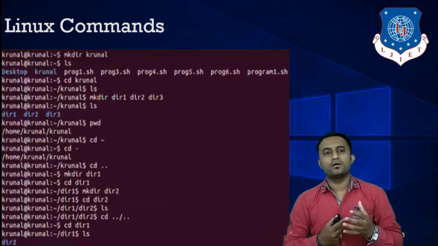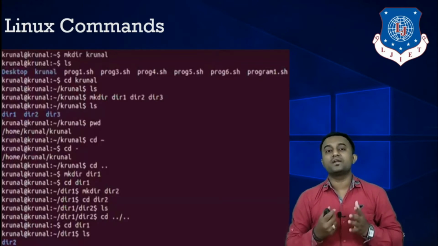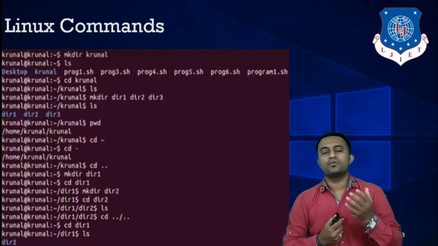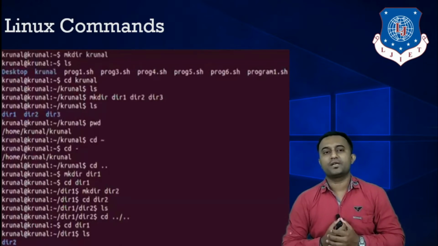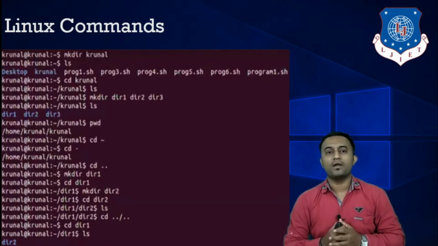The folder is represented in Linux in terms of a directory. It is called a directory, not a folder. The folder that we use in Windows can be represented as a directory in Linux. So if you want to create a directory, for that you have to fire one command.